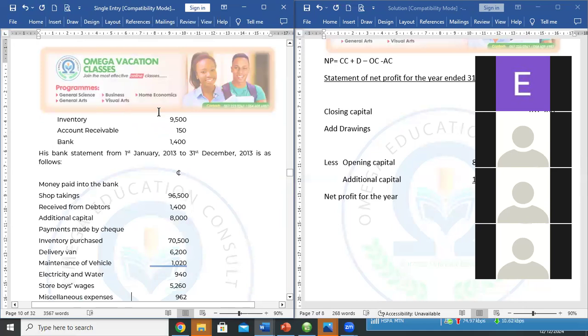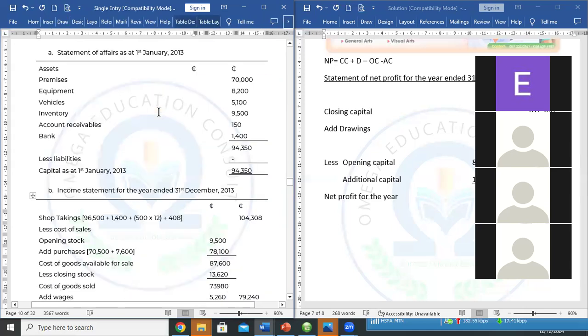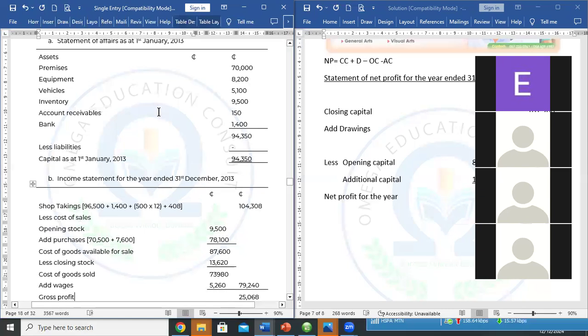Okay. So in wrapping up, you would need to know how to prepare your statement of net profit if it becomes necessary that you use your closing capital, opening capital, drawings, and additional capital to get your net profit.